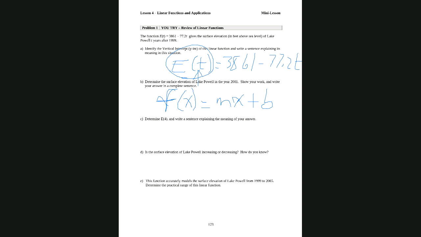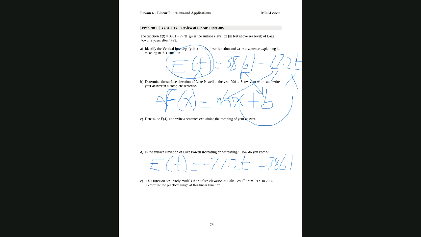Now, when you get in here, you could see that the b is that, because that doesn't have an x attached to it. And then my m, which is my slope, is this, and then I have my x, which is a t. So this can be written as e of t equals minus 77.2t plus what? 3861.